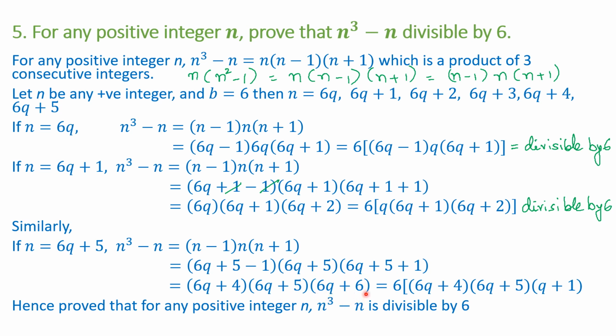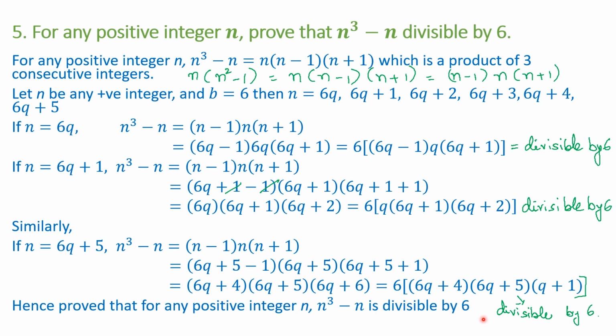From this factor, I take out 6 common, so I will get 6 into, in the bracket, (6q plus 4) into (6q plus 5) into (q plus 1), because my 6 has gone out. So again, this is divisible by 6. Hence, we have proved that for any positive integer n, n cube minus n is divisible by 6.